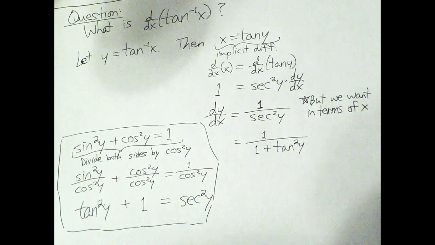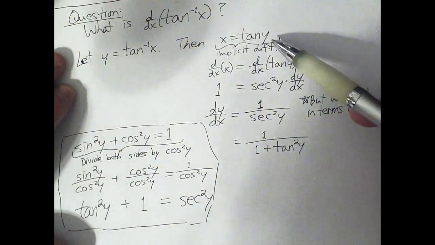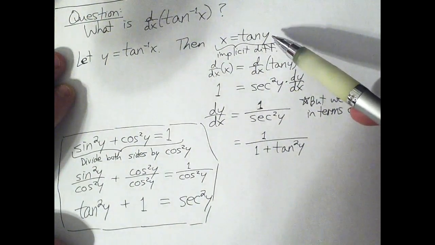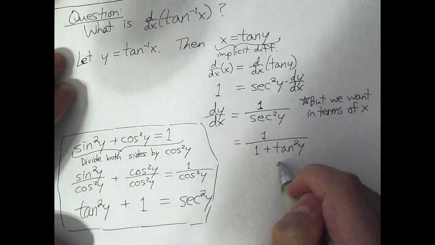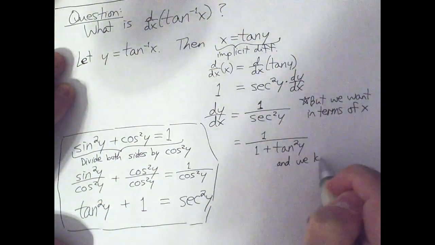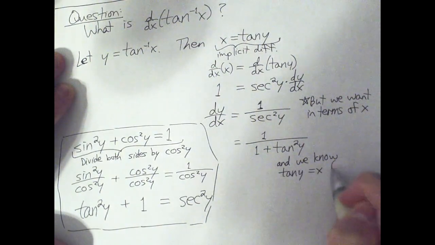I said that we wanted to get the answer in terms of x, and you could look at this and say, well, wait a second, that's not in terms of x. But look at this. X is tangent of y. So let's put that in. We know that tangent of y equals x from above.